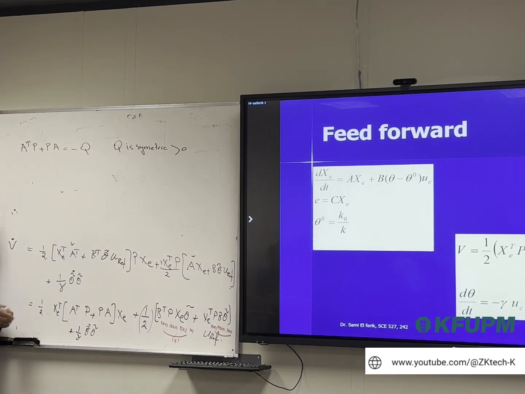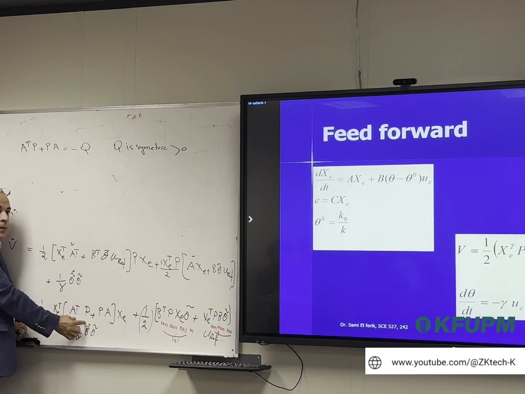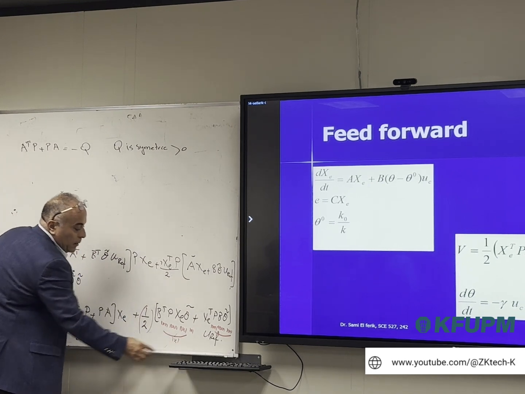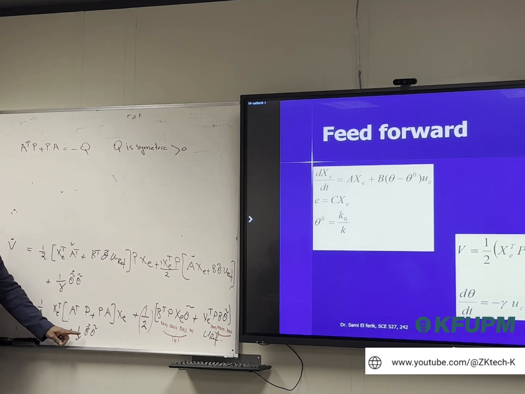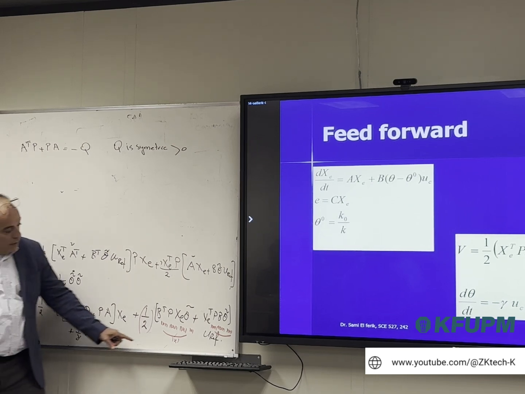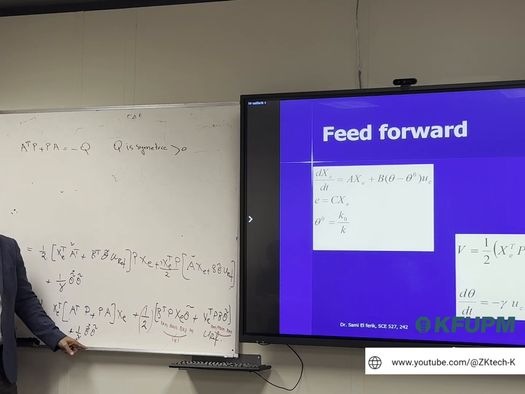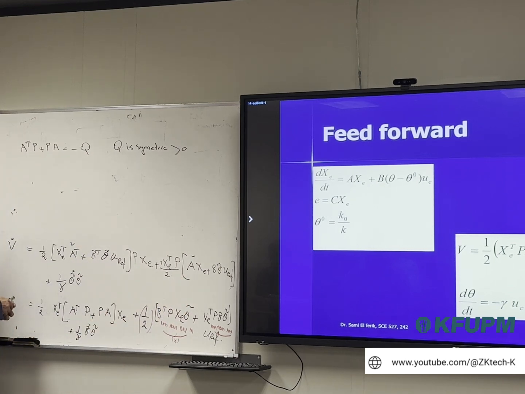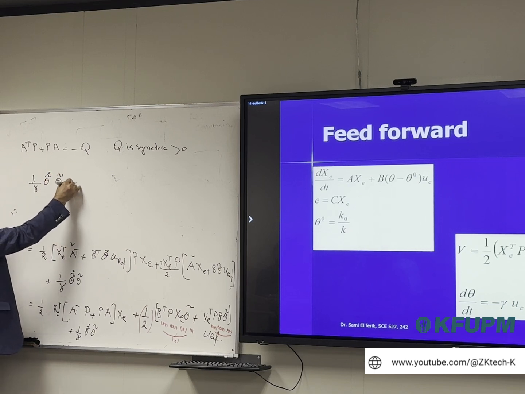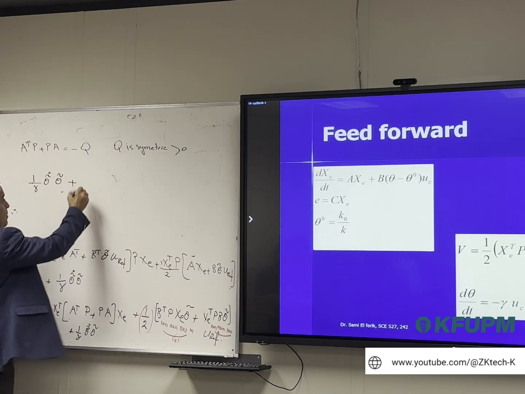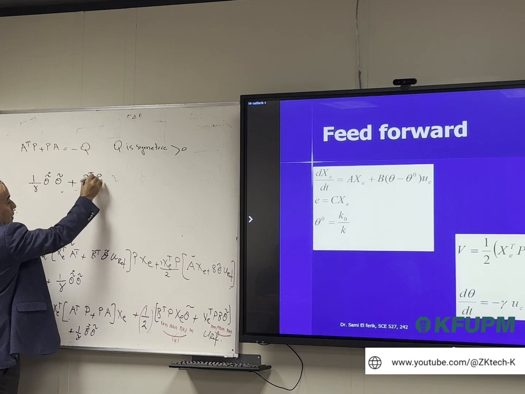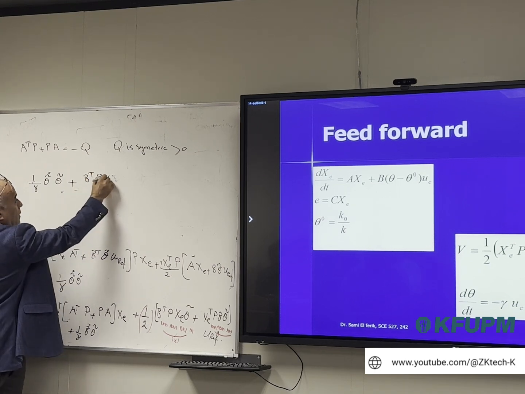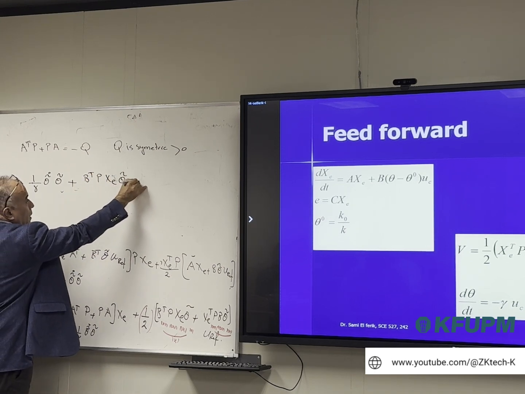If I have this only on this part, it's not enough. We need to check all of them, this one here. So I'm going to select theta prime to make all this term zero. So I'm going to select 1 over gamma theta tilde prime times theta tilde, plus B transpose P XE theta tilde, equal to 0.